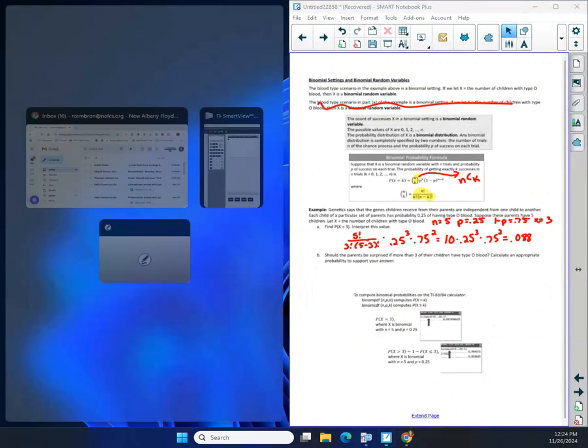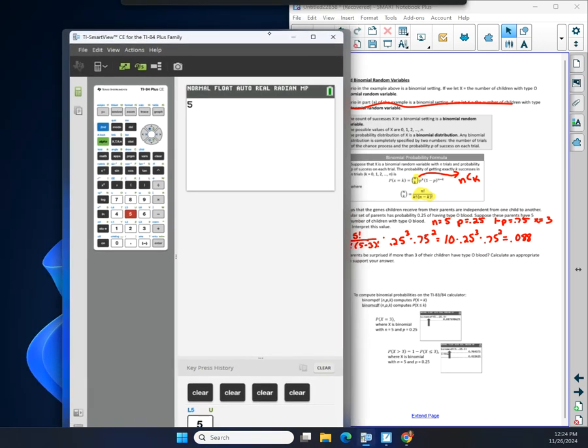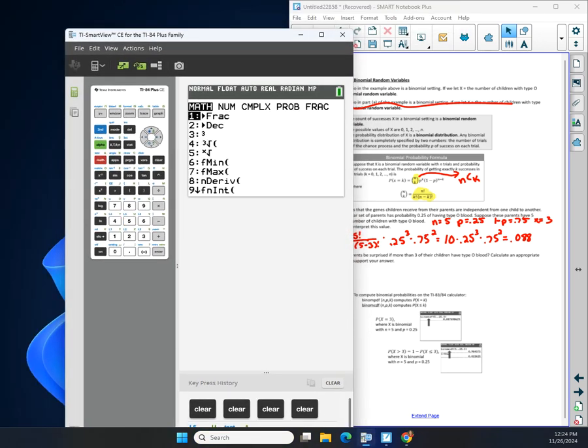If you go back to your calculator, a couple of things you can do. If you want to type in the 5 factorial, you find the factorial key under math, under probability.